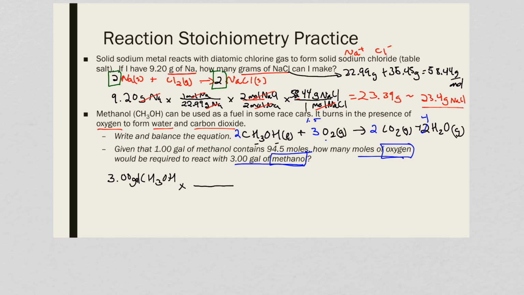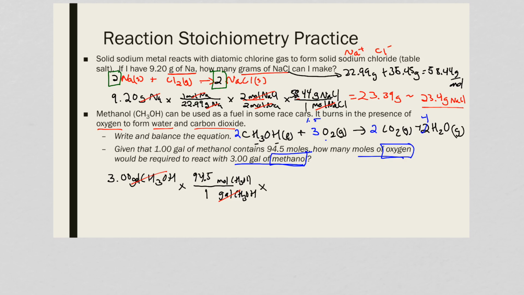So we're given the conversion to do this, right? Because I can go from gallons of CH3OH into moles of CH3OH, because I was told that every 1 gallon is 94.5 moles of CH3OH. And my gallons cancel. So while the units might be a little less traditional, the key is I've gotten into moles, right?